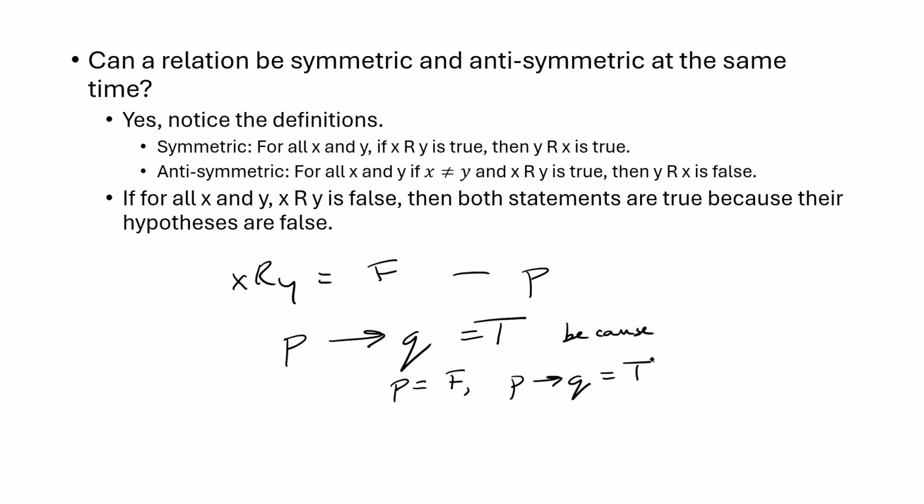It doesn't even matter what our Q is. It doesn't matter whether yRx is false or true. What we have is something that matches the definition of symmetric and also matches the definition of anti-symmetric. So you can see things work a little bit strange when we're talking about relations where xRy is always false.